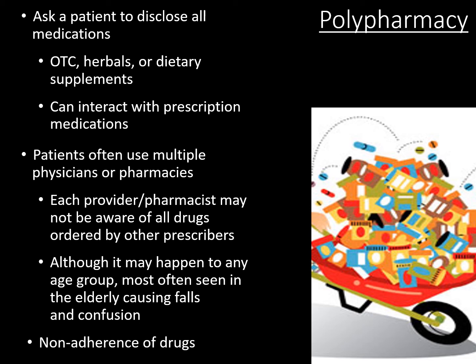And as mentioned before, patients often have multiple physicians or use multiple pharmacies, right? And each healthcare provider may not be aware of the other 4 or 5 that are also prescribing medications.